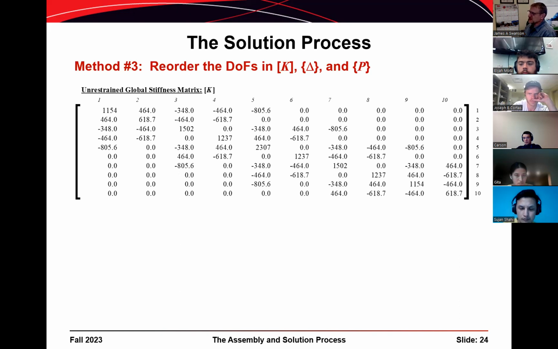You can put in the strain hardening modulus, E sub T, instead of the elastic modulus, E. But that's well beyond where we're at in class right now, and we're never going to get that far in the matrix stuff. In order to implement that in matrix operations, you have to go to an iterative solution process and change the stiffness matrix every time one of the elements changes its stiffness. So it becomes cumbersome.